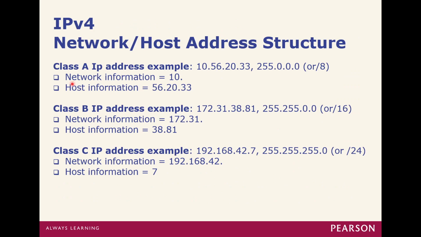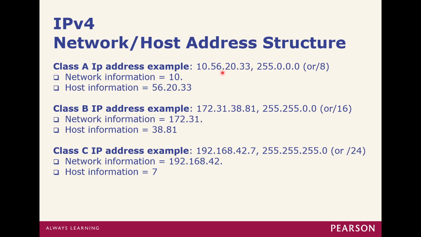So here in class A, we have 10.56.20.33. Here you have 255, and these can be a whole host. Basically 56, let's say you have a huge building, right? So 56 is floor number 1, 57 is floor number 2, 58 floor number 3, and then here you can have multiple hosts connecting.